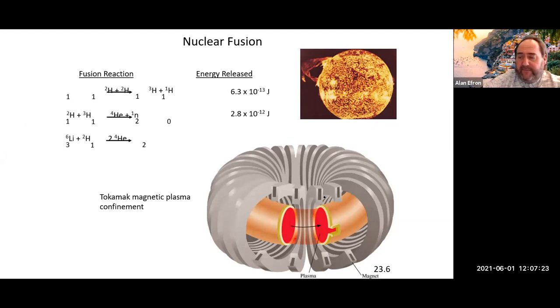Now we're going to talk about fusion here, which is a little bit different than fission. Fission is where we split off one guy into multiple reactions. In fusion, what happens is we actually take two smaller nuclei, and I'll rewrite these again. I think it's okay on your handout.